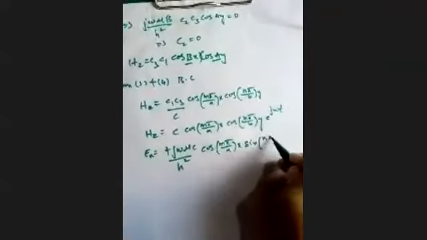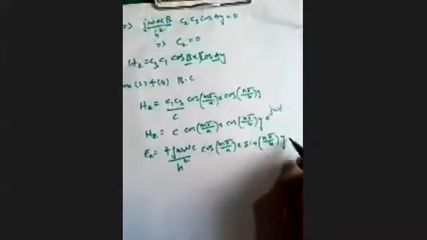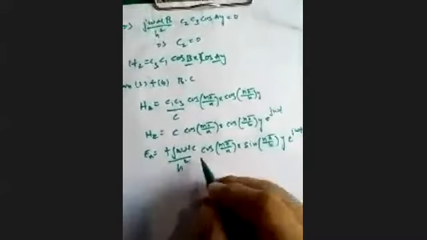Cos is minus sine, so I have replaced minus with plus. So you'll have sine n pi by b into y into e power j omega t, and n pi by b comes as the coefficient, right? There is no space, so I'll write it here.